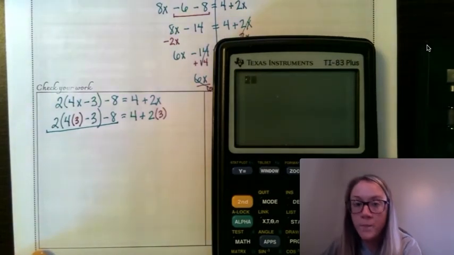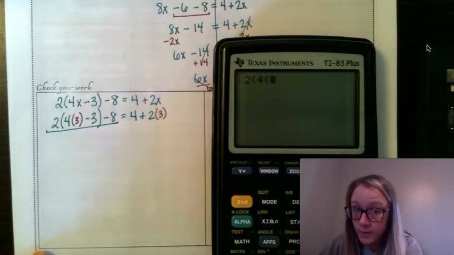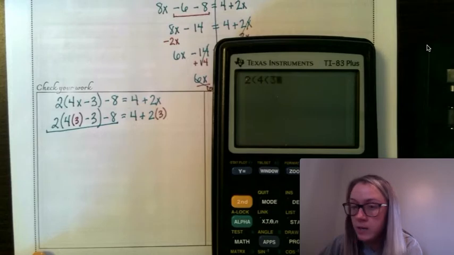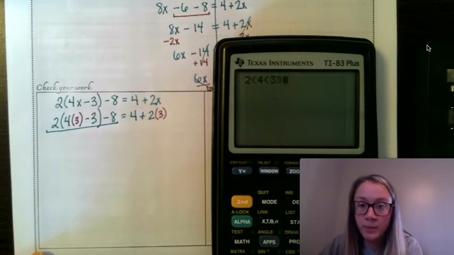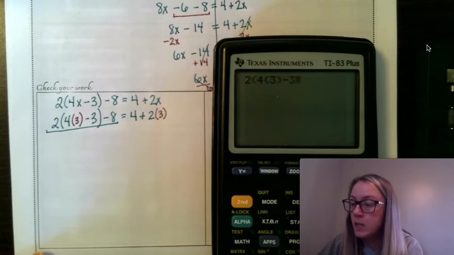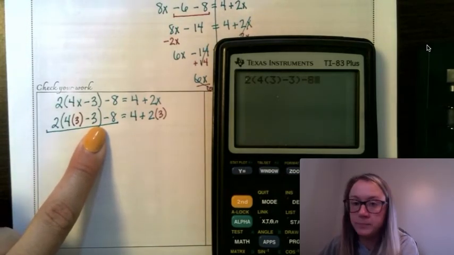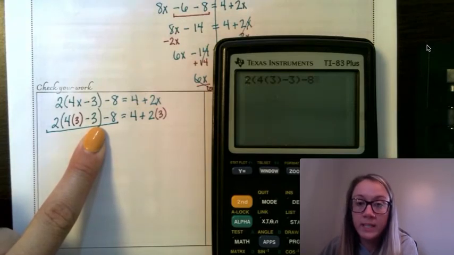So I have 2 and then parenthesis 4, another parenthesis with a 3, and I'm going to close my parenthesis, do minus 3, close my parenthesis again, and then minus 8. So I can type that all in. When I hit enter, I get 10.